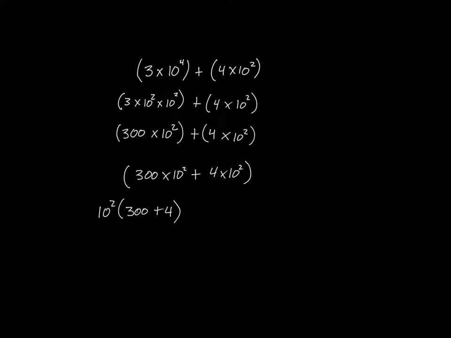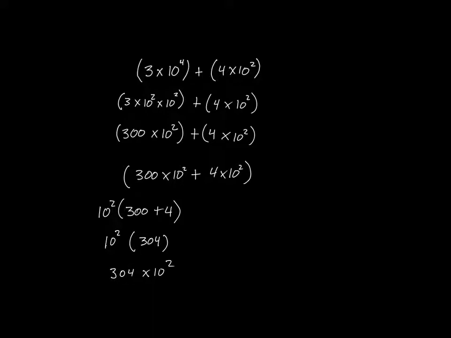Okay, so now the only thing I need to do is add the two factors in the middle, inside the parentheses. So now we have 304. Now that is not in scientific notation, so that's what we're going to do next. We're going to rewrite this in scientific notation. So let's start by making 304 times 10 to the 2nd power.